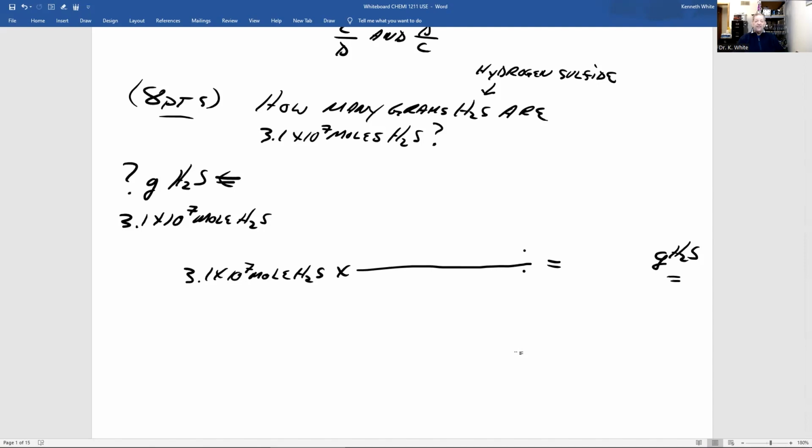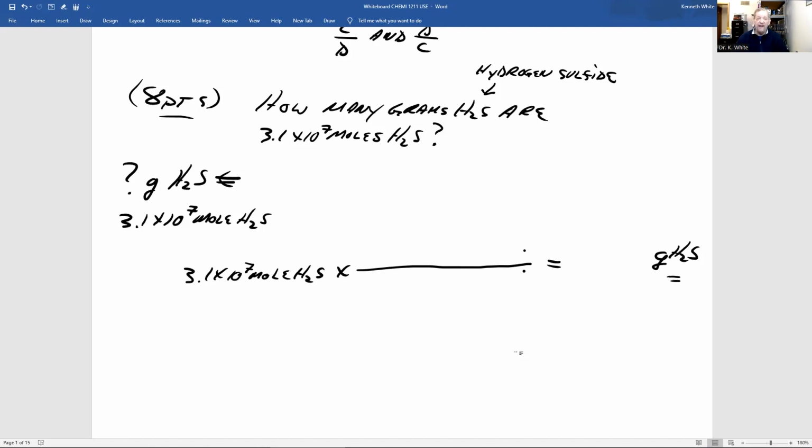Giving everybody time to figure out what goes on top and bottom of that ratio. All right, how do you figure that out?